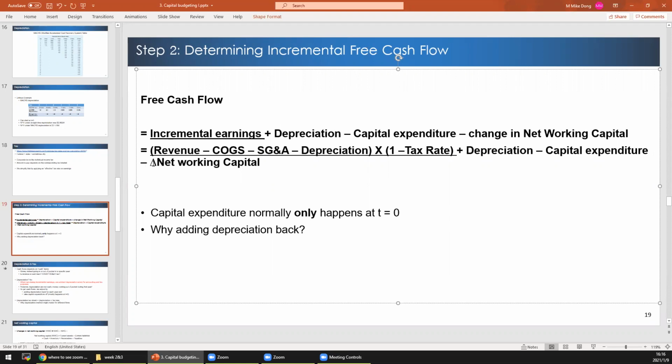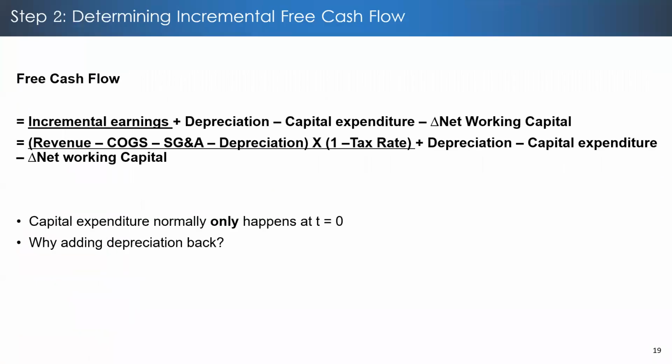You can think of this as the triangle, which stands for the change in net working capital. We need to adjust for capital expenditure and change in net working capital. To make it easier, we're not going to talk about change in net working capital in this class, but we do need to consider capital expenditure.